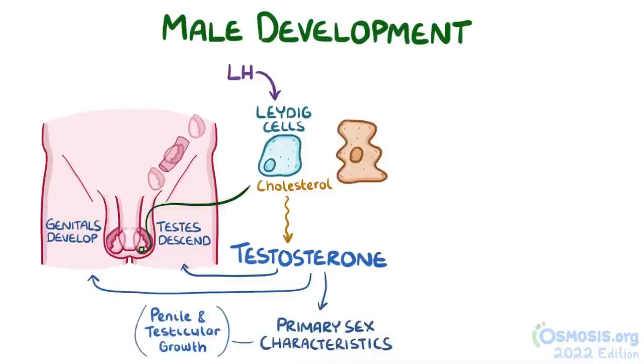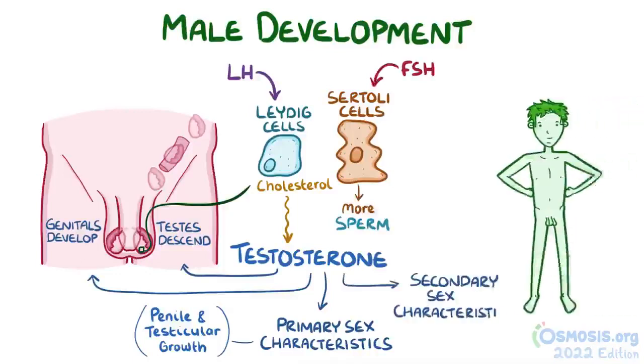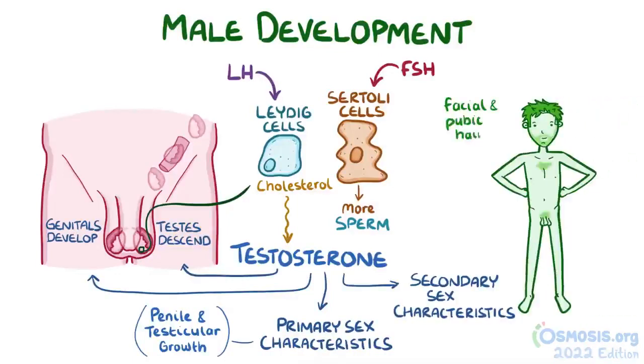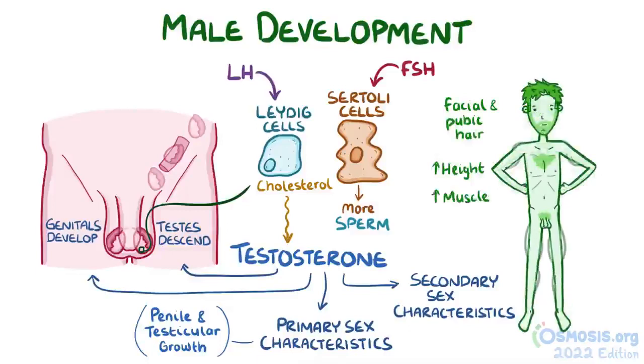In addition, the Sertoli cells of the testes respond to follicle-stimulating hormone by producing more sperm. Increased testosterone also leads to the development of secondary sex characteristics, like growth of facial and pubic hair, increased height and muscle mass, and a deepening of the voice.